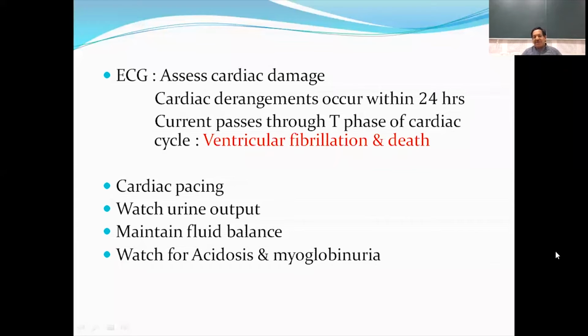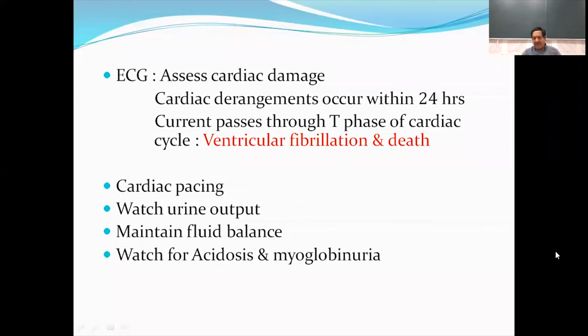The treatment is to maintain fluid balance and watch the urine output. We need high urine output, otherwise these myoglobins will destroy the kidney and end up in renal failure. Normally, as we have seen, the target for urinary output in an adult with major burns is 0.5 to 1 ml per kg body weight per hour.